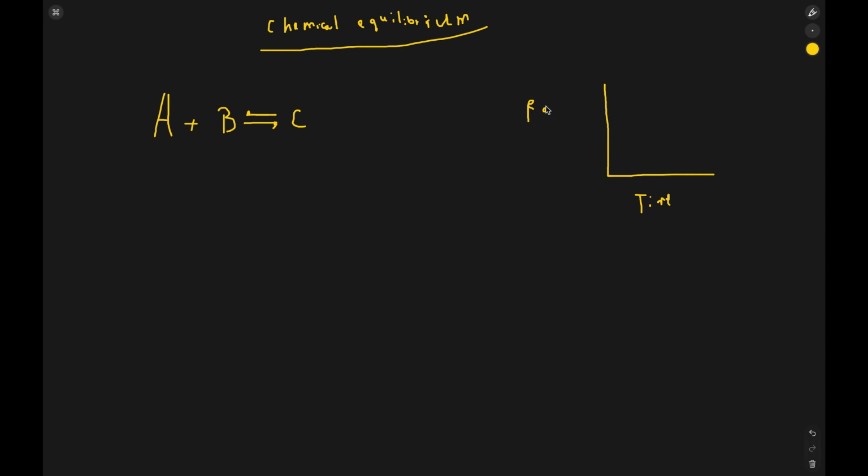Now, let's say we have a graph, and this is time and this is rate. At the beginning, the rate of reactants making products will be extremely high. And then over time, it will slow down and become constant. And likewise, the rate of products making reactants will be 0, and over time, it will speed up and then become constant.